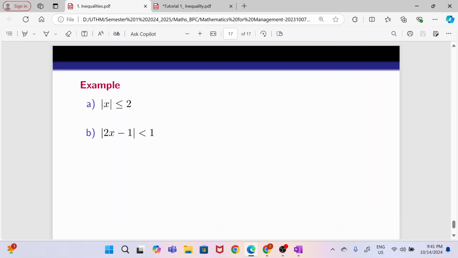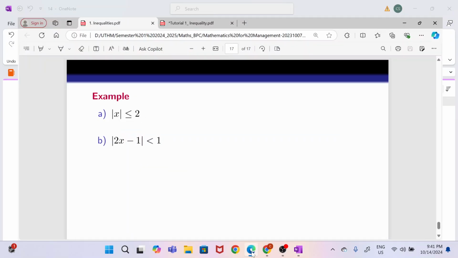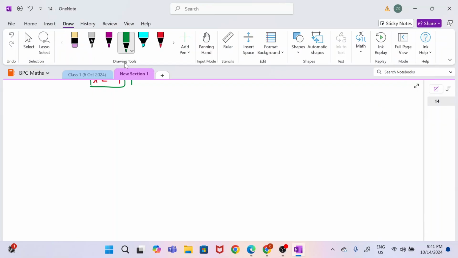I have given 2 examples here, A and B, but we will do a lot of exercise today, don't worry. Now how to solve these examples here? This one is less than 0, less than 2.